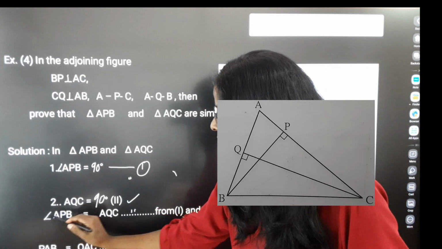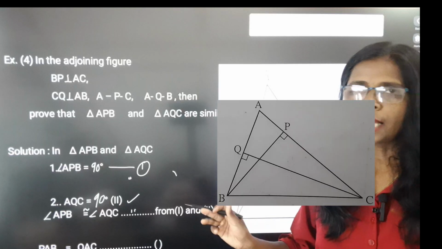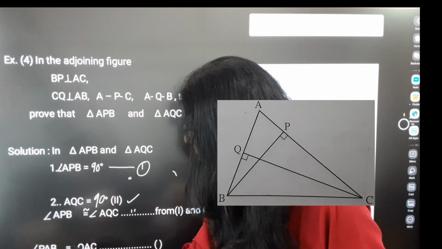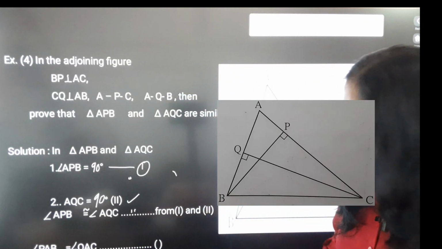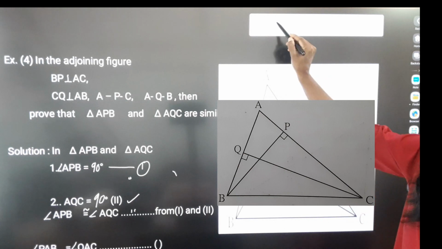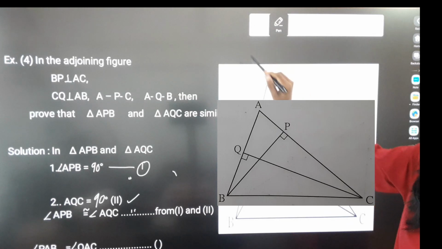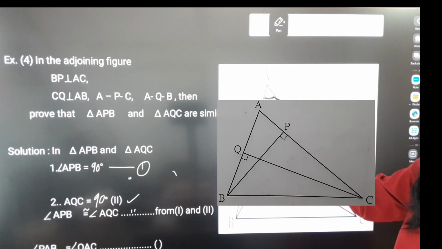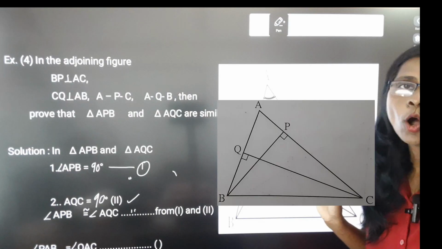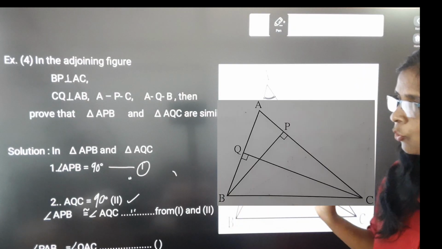So angle APB is congruent to angle AQC from 1 and 2, because the two angles are the same. Now angle PAB is equal to angle QAC because this is the common angle included in both triangles. Call it the second.